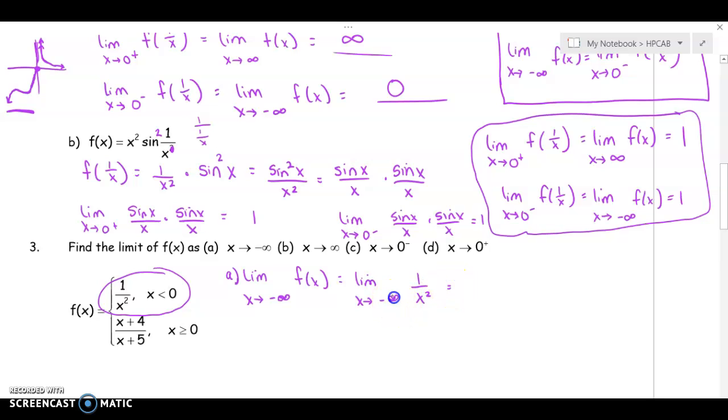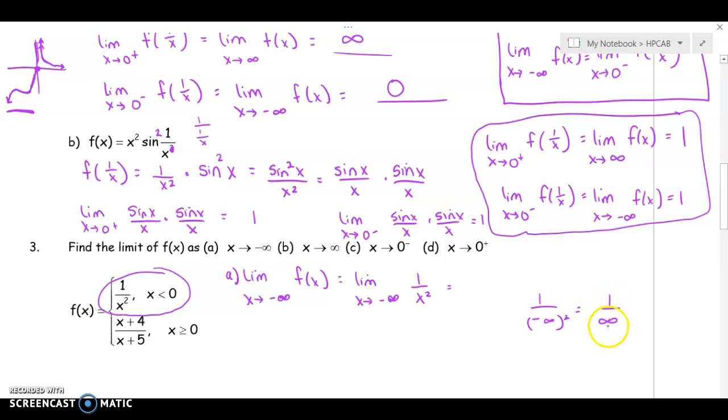If you remember when we did this, the limit as x approaches infinity of 1 over x ended up approaching 0. The other way to think about it is you're doing 1 divided by a really large number, granted it's negative, but it's 1 divided by a really large number. Technically you're doing negative infinity squared, so it's the same thing as 1 all over infinity.